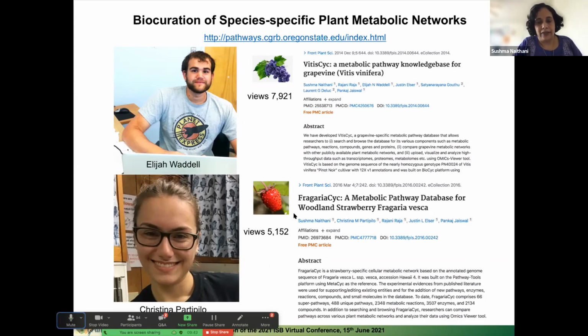And each of these students helped to edit, biocurate about 100 metabolically important pathways for each of these species. If you have interest in using any of these metabolic pathway databases, they are available through our website. Link is here. And more information is also available in the 2 papers that we published with undergraduate researchers, as you can see here.